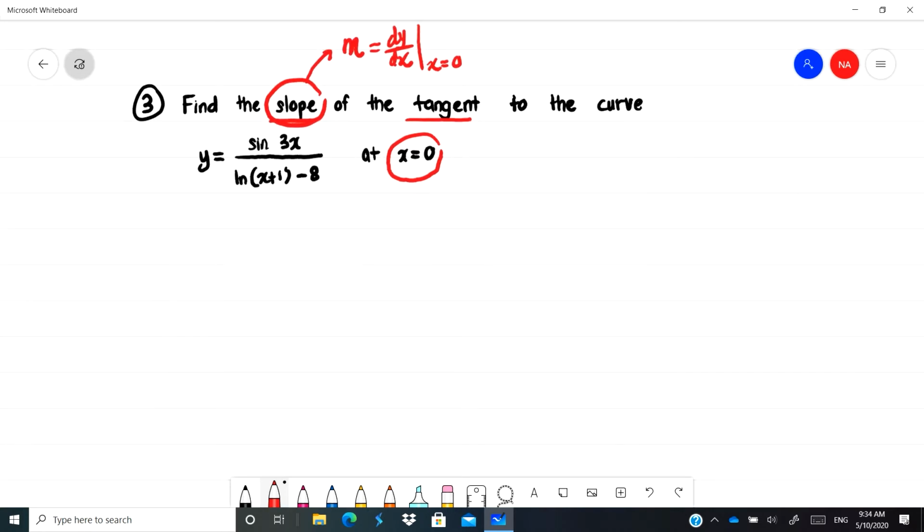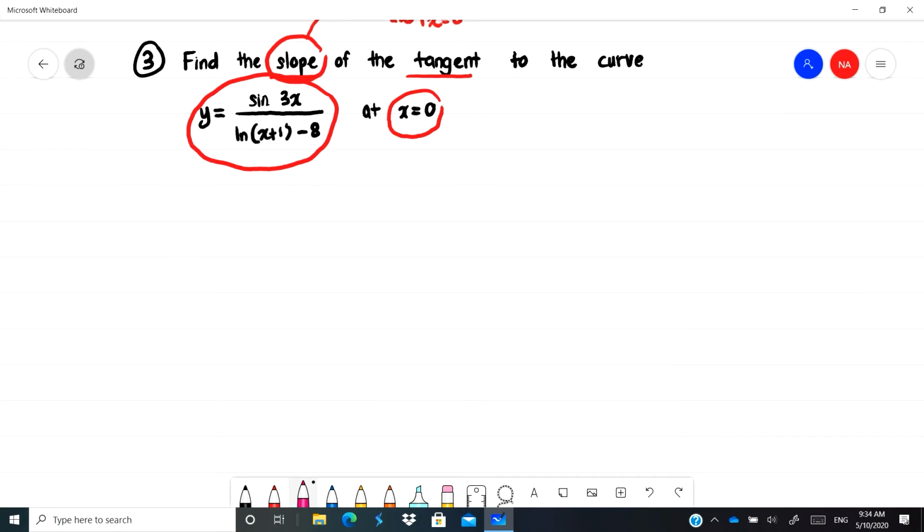Firstly, we'll have to find dy over dx. We're given this function, so to do this, we'll have to use the u over v technique, the quotient rule.